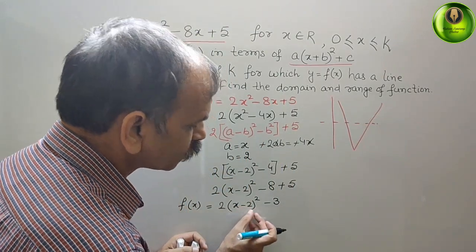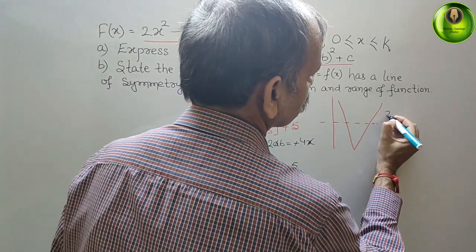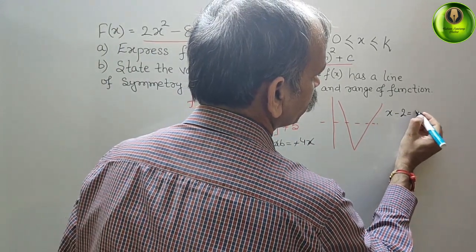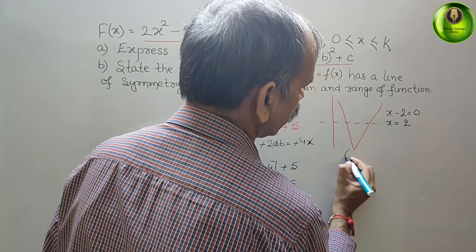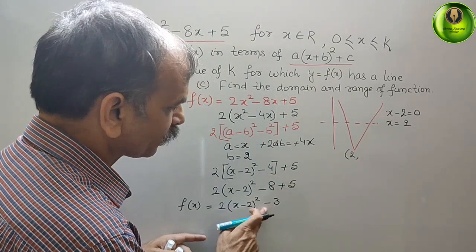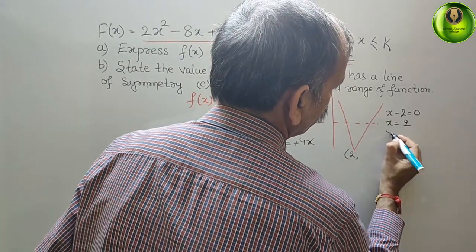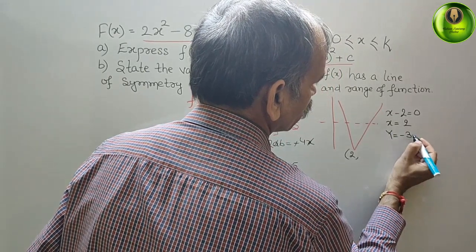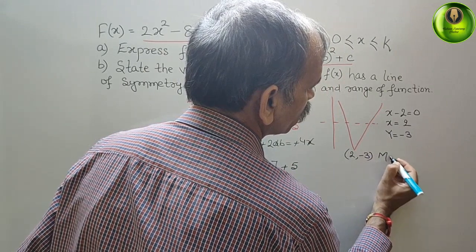Just x − 2 = 0, so we will get x = 2. So the coordinates are (2, −3), that is y = −3. Therefore, this is your minimum point.